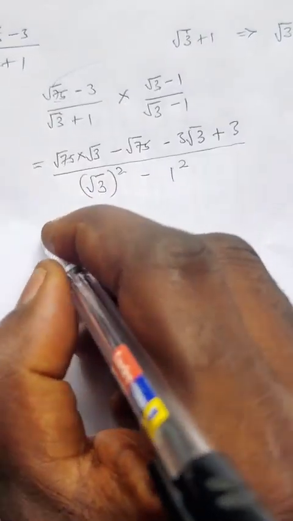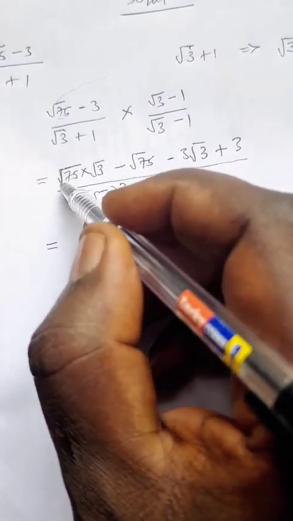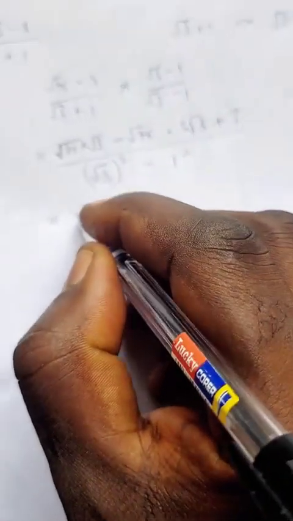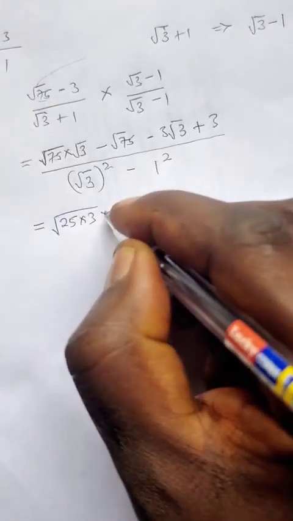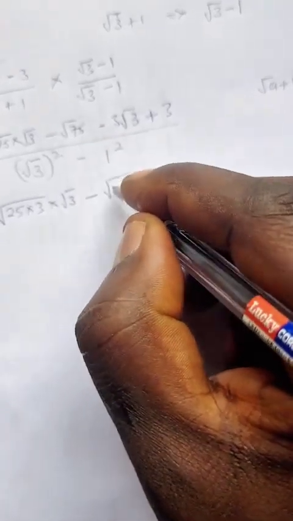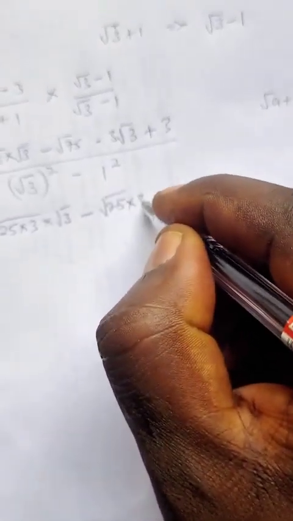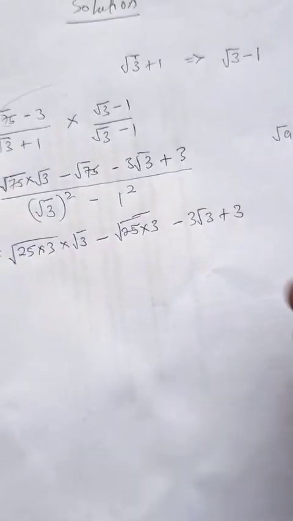Alright, so using surd law, we know that 75 will give you 25 times 3, and then times root 3. Then same thing here, 25 times 3, then minus 3 root 3 plus 3, correct?